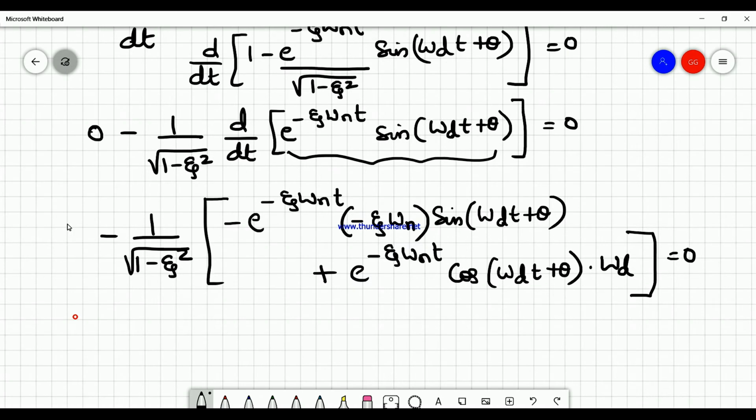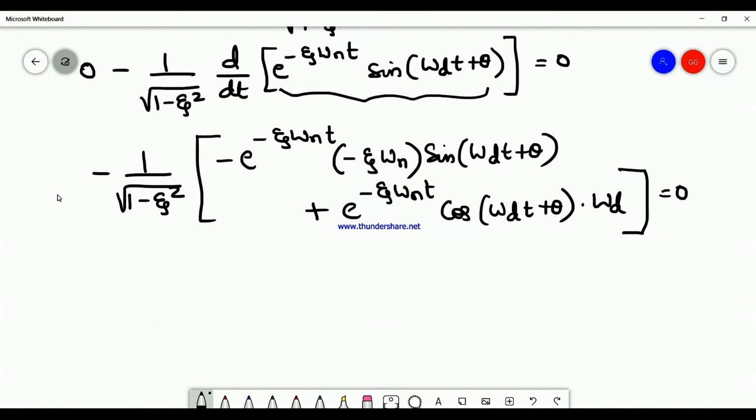So this root of 1 minus zeta square gets multiplied by 0, therefore you get 0, and this negative, if I try to put it inside, see what we will get.